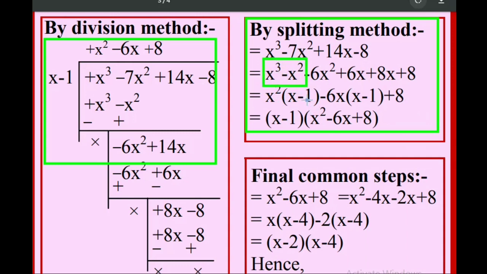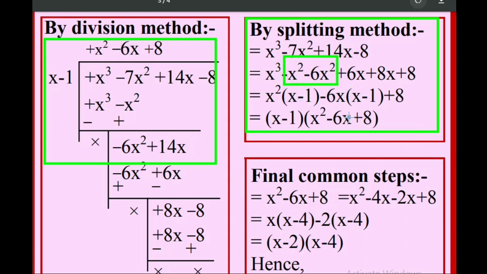Now next is where this minus x square has come from. Then we can easily say that by splitting minus 7x square, we get one term minus x square, and then the remaining term is minus 6x square, so that these two together become minus 7x square.